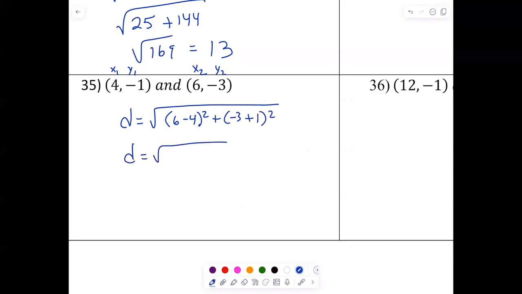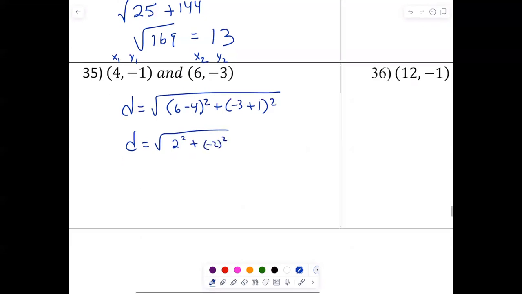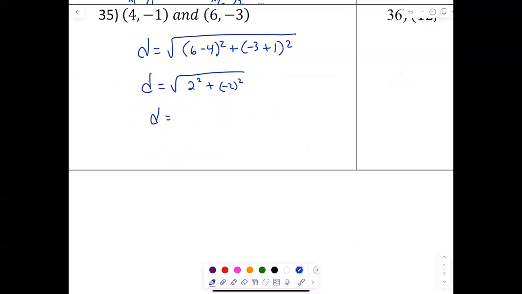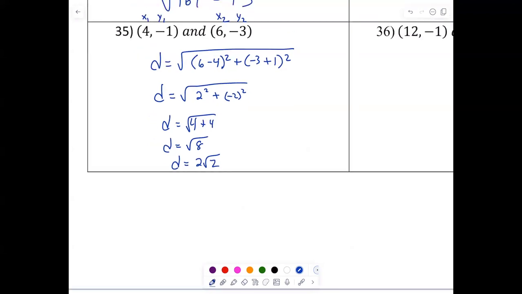What's 6 minus 4? 2 squared plus negative 2 squared. 4 plus 4, square root of 8. What does square root of 8 break down to? 2 radical 2. Yep. All right, anybody have any questions with that?